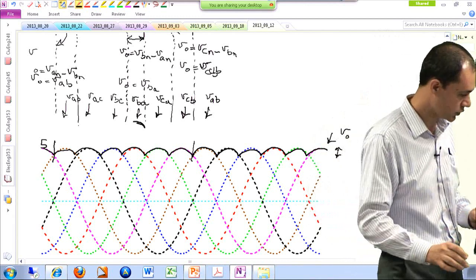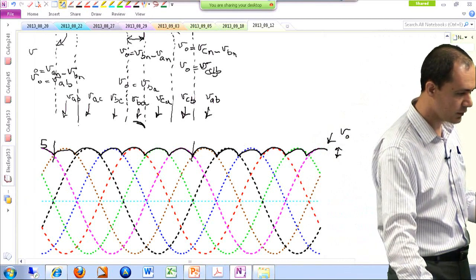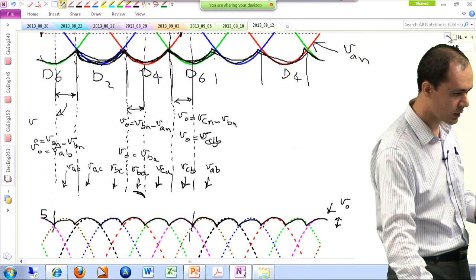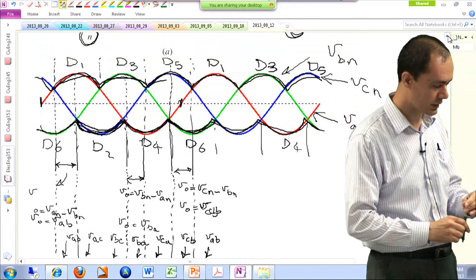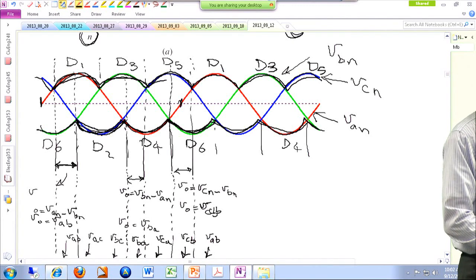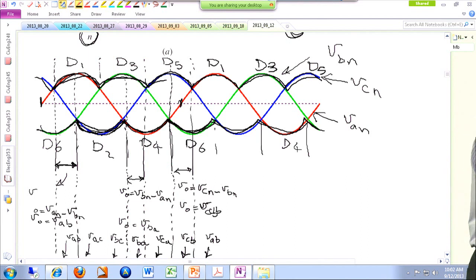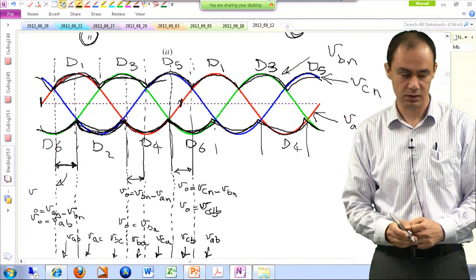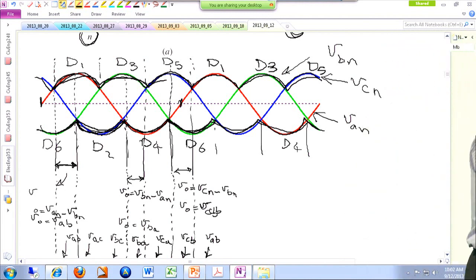So that's another advantage. The other thing that I wanted to point out goes back to the conduction of the diodes. So you can see in this time interval, among the top diodes, D1 is the one that is conducting. Among the bottom diodes, D6 is the one that is conducting. Then the next interval, like here, D1 still conducts, and then D2 conducts.